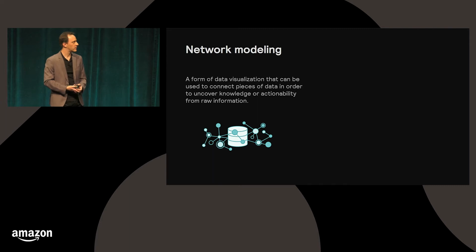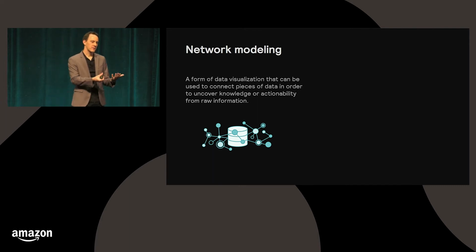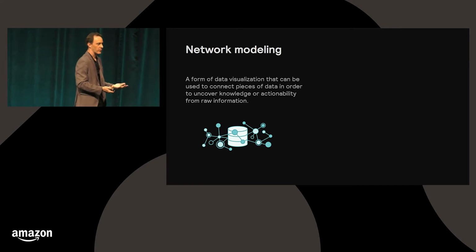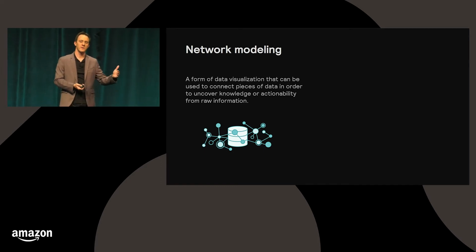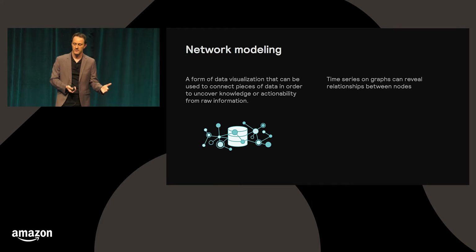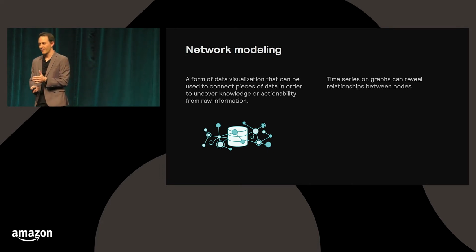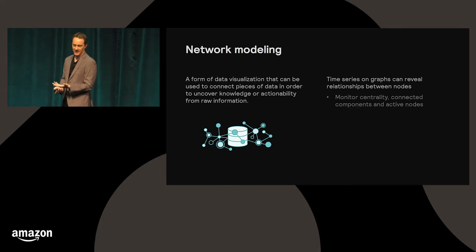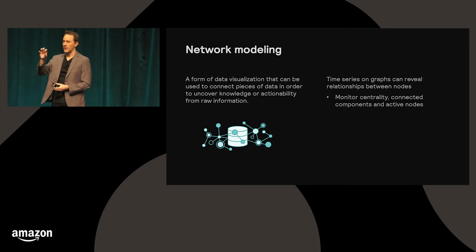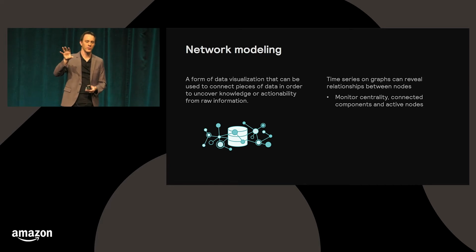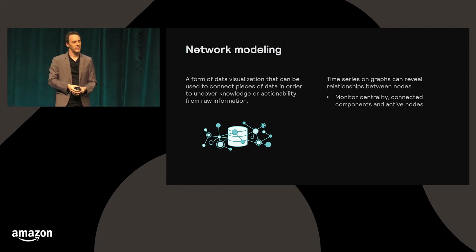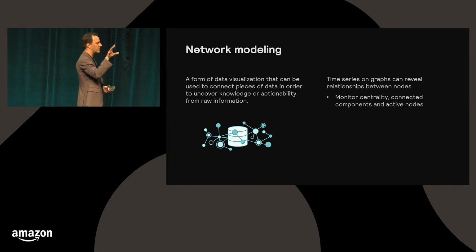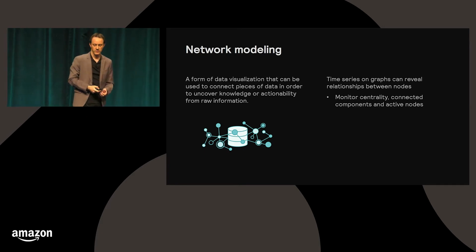It could create graphs, put them on a graph database, for instance. So it would take all of the time series data of transactions, put it on a graph, and use graph theory to monitor centrality of nodes, connected components, active nodes, see the flow of money through these different nodes and accounts.